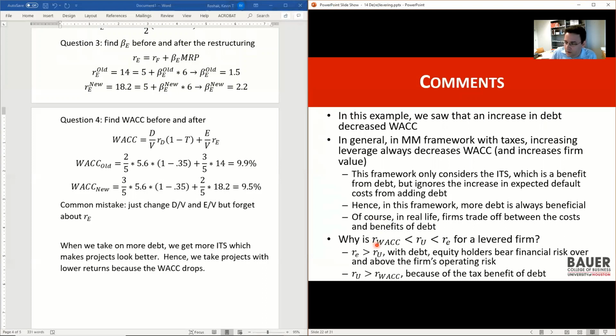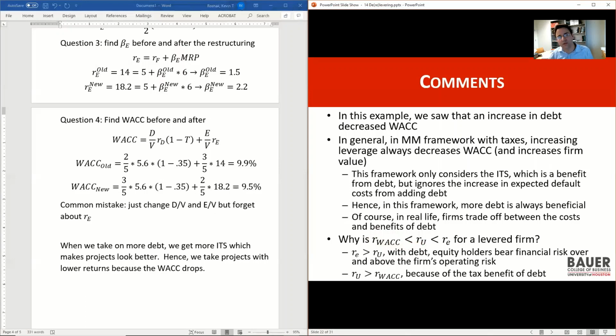It's also important to recognize this relationship here. The discount rate on the WACC is going to be lower than the discount rate on the assets, and the discount rate on your assets is going to be lower than the discount rate for your equity. Again, this is generally always true. What's going on with the WACC is that you're getting tax shields here. The discount rate on your assets is just the discount rate for your operations.